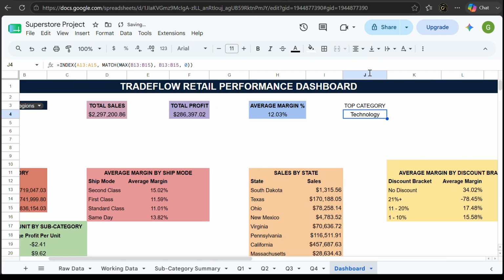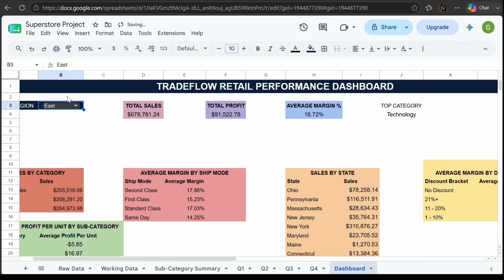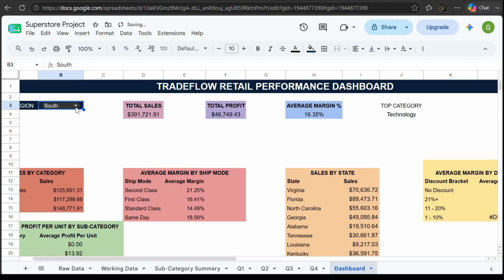So we're going to check this for all regions. Top category in all regions is technology. Eastern region is technology. Western region happens to be furniture. Central region happens to be technology, and southern region has to be technology, which I completely agree with.